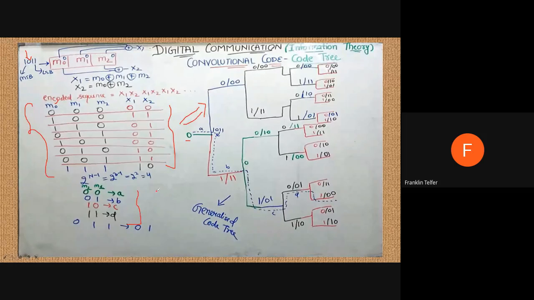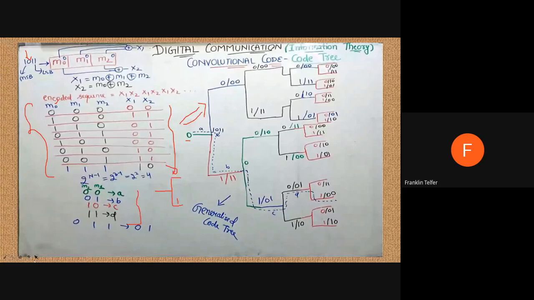From this the two different branches will be divided. From one branch, two different branches will be divided. The topmost will be 0, the bottommost will be 1. So two different input cases.